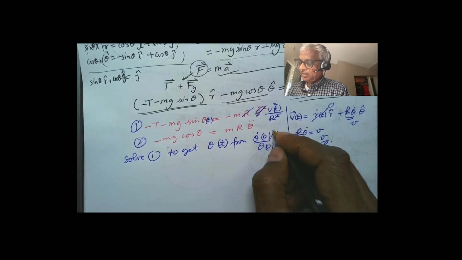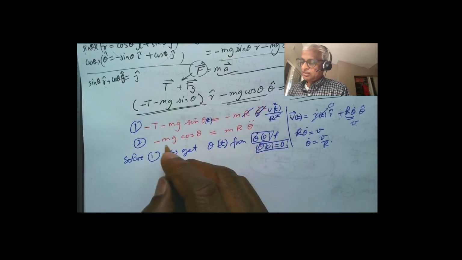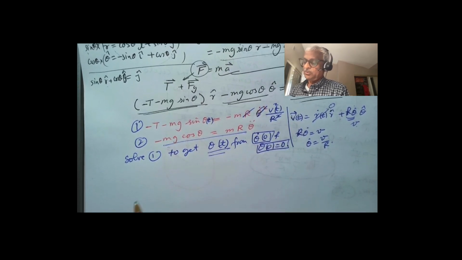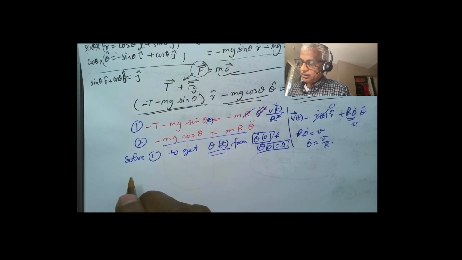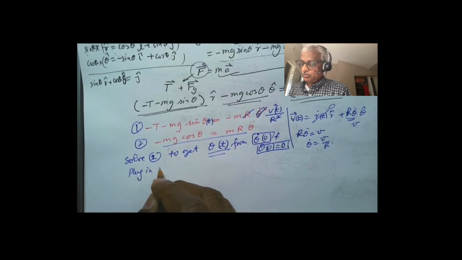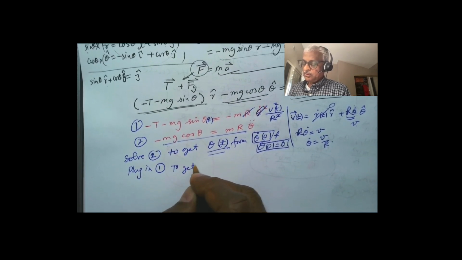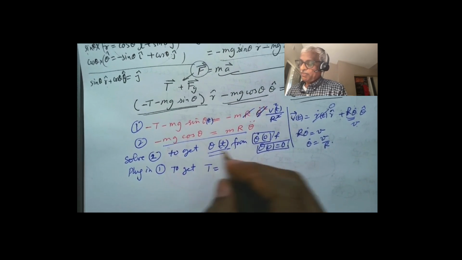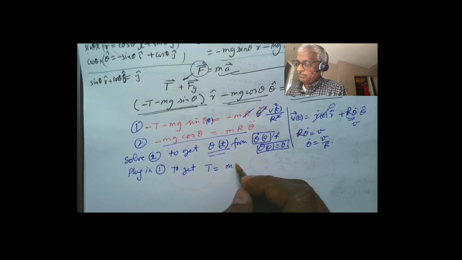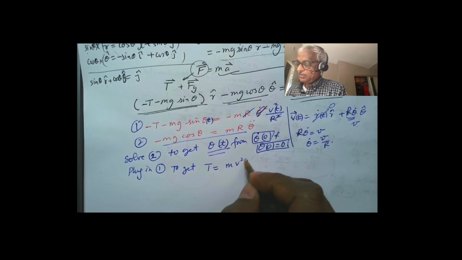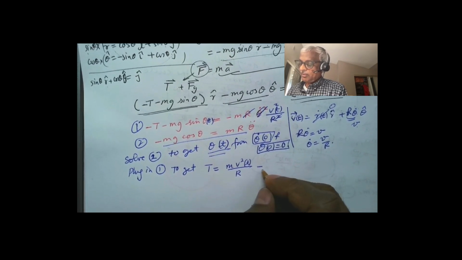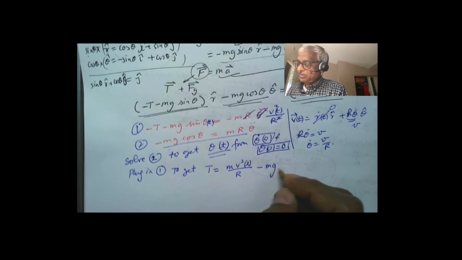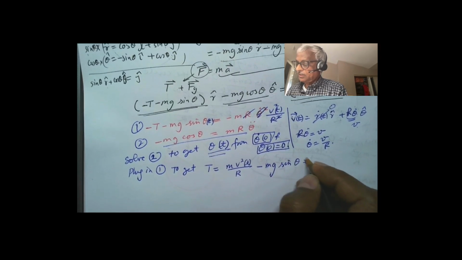Given this, it's a second-order differential equation you can solve for theta of t. Then solve two, plug in one to get T equals mv square of t over r minus mg sine theta of t.